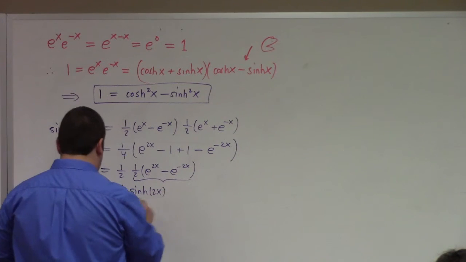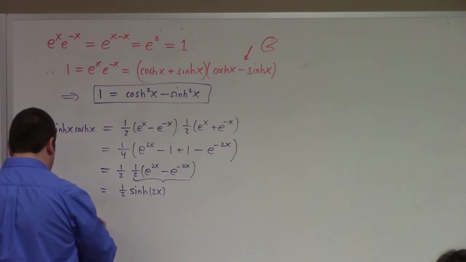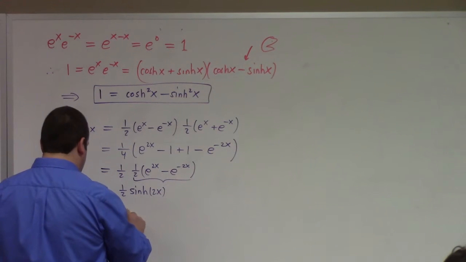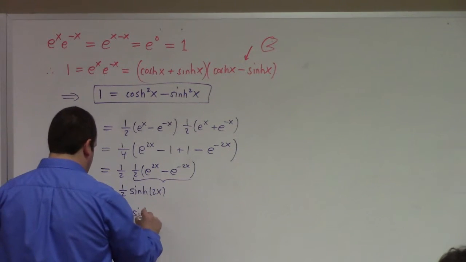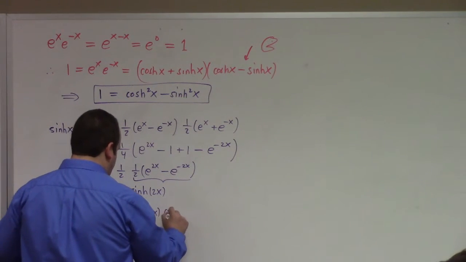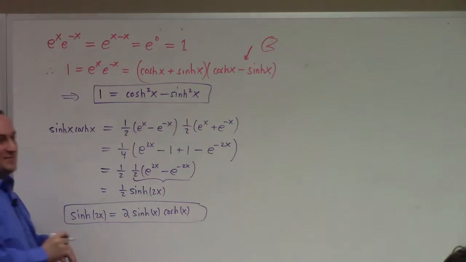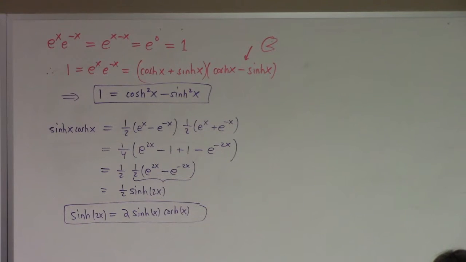Yeah, sinh of 2x. So there you have it. Sinh of 2x is equal to twice sinh x cosh x. So this time, it's pretty much exactly the same identity as we had for the trigonometric case.